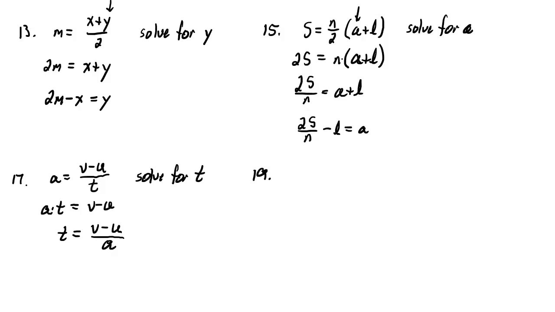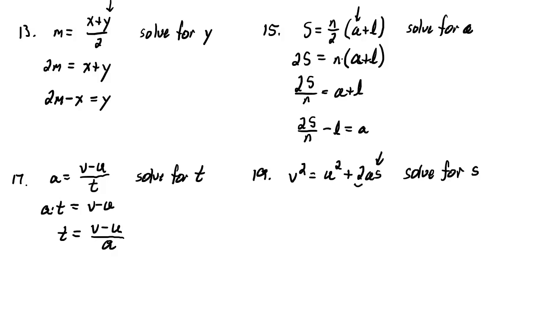And number 19. V squared equals u squared plus 2as. Solve for s. Well, you got to find the letter you're solving for. Here it is. What's on the same side of the equals as that letter? Well, there's a 2a multiplied right in front of the s. That's going to be removed by dividing.